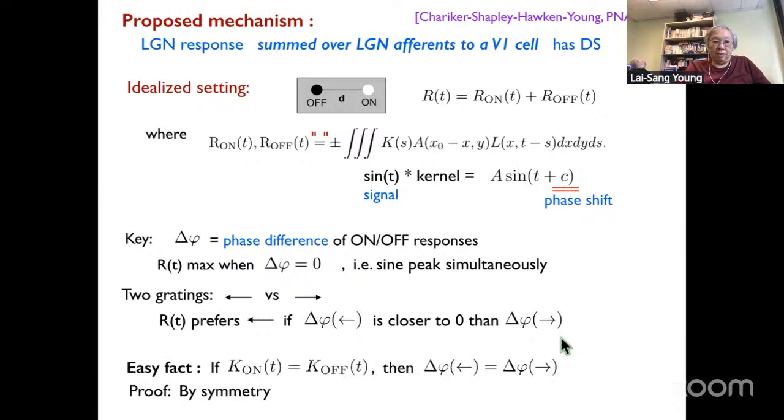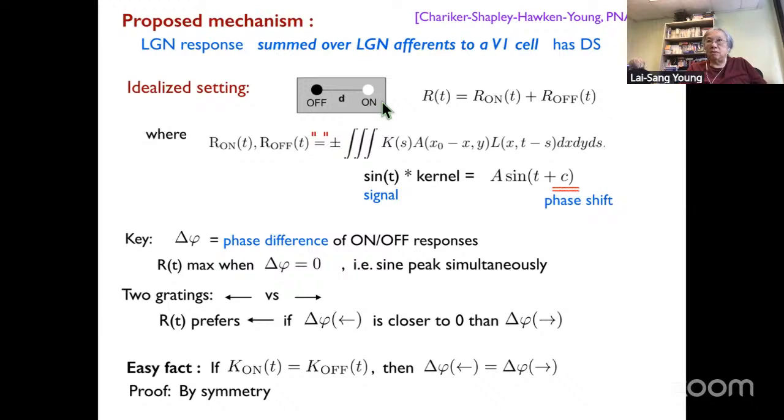Another easy fact, also high school math, is that if these two kernels, I wrote K of S, but actually there's a K for on cells and off cells, are the same but opposite in sign, then there cannot be any difference. The phase differences have to be the same. You can look at it this way: if you go this way and that way, everything is upside down, but the phase differences are the same.